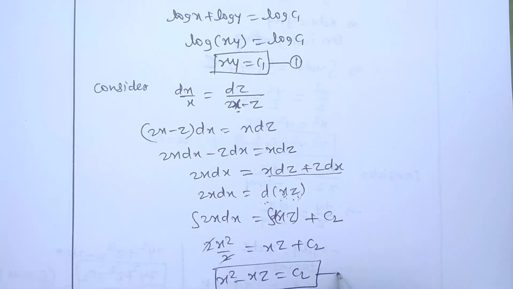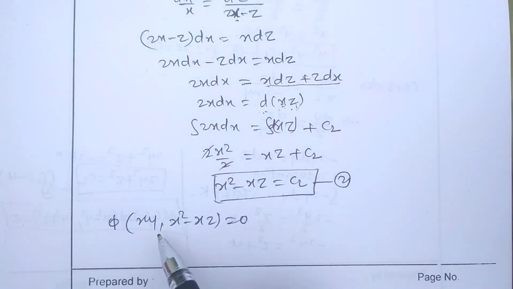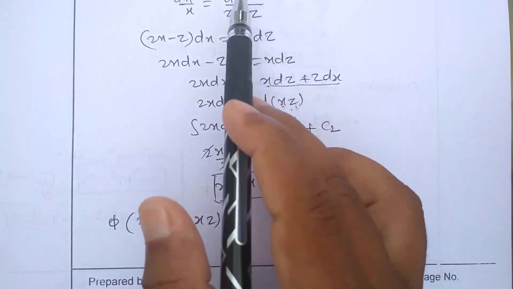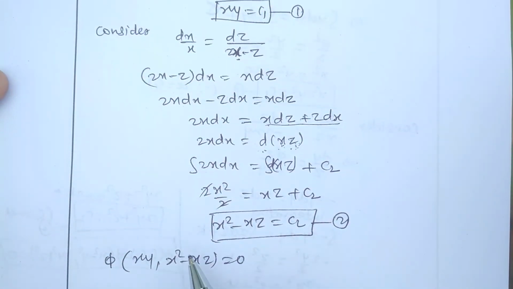This is the second solution. So our answer is phi of c1 c2, that means phi of xy and x square minus xz is equals to 0. It is our final answer. Our final answer is phi of c1 c2 equals to 0. Value of c1 is x into y and c2 is x square minus xz equals to 0. You will get the final answer.